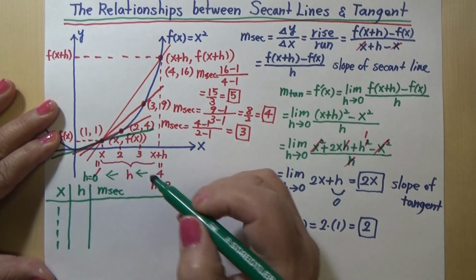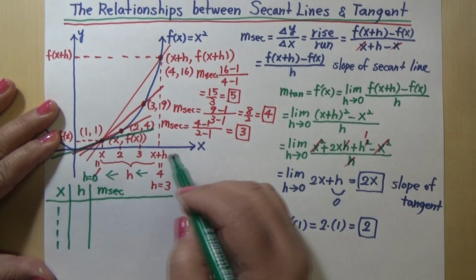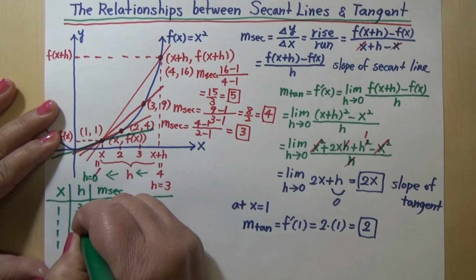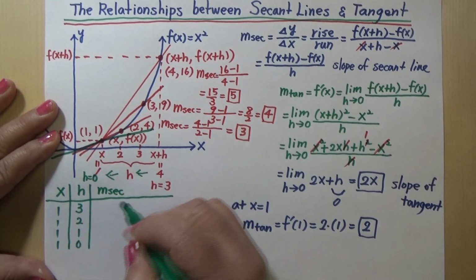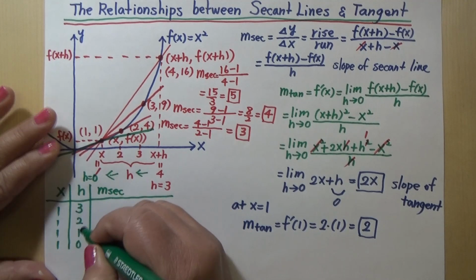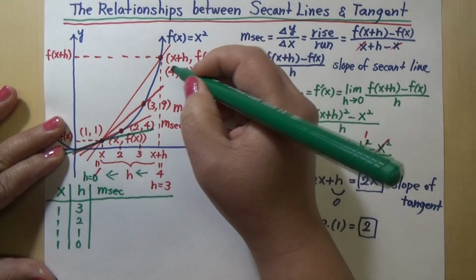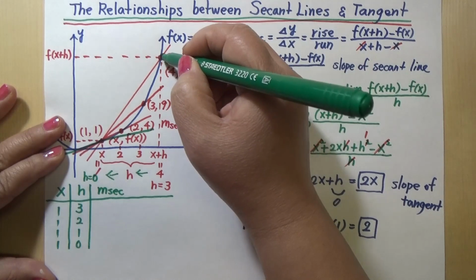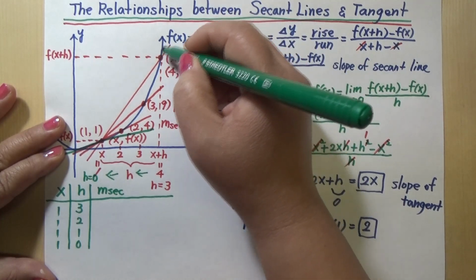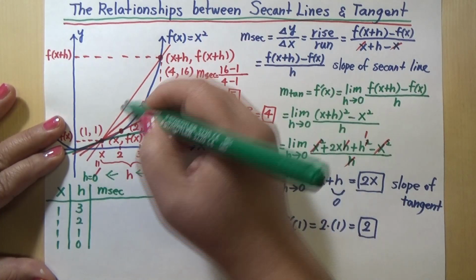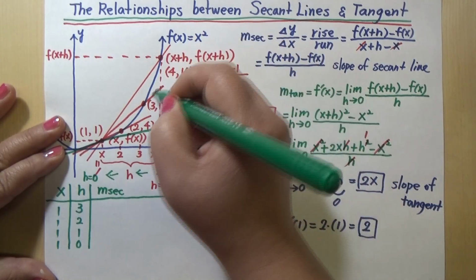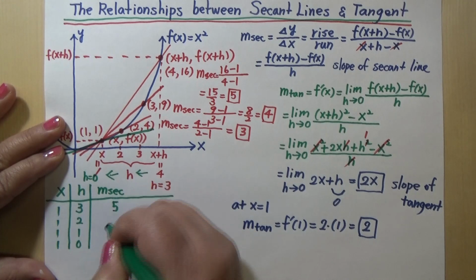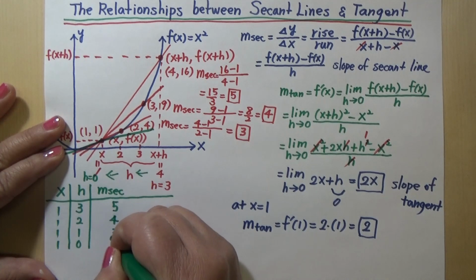So as h approaches 0 from 3, 2, 1, 0, the slope of the secant line approaches, let's see, the slope of the secant line here is 5, 4, 3.